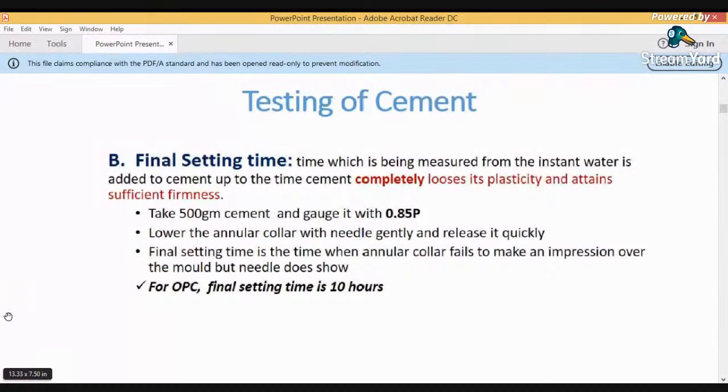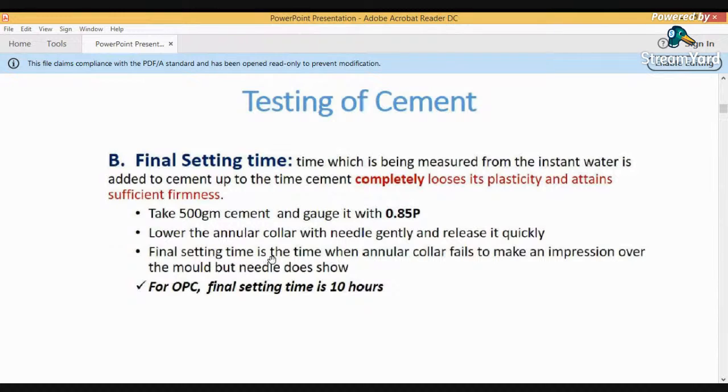Same procedure: you have to take 500 gram of the cement and add water, 0.85 of the standard consistency of the cement. Then here you have to lower the annular collar with the needle, gently, and then release it quickly.